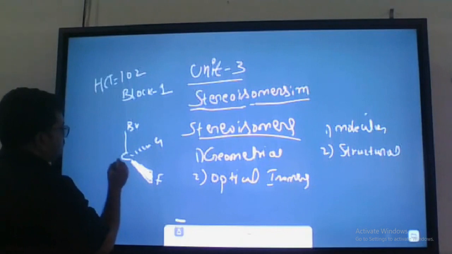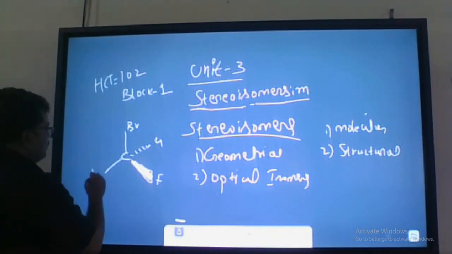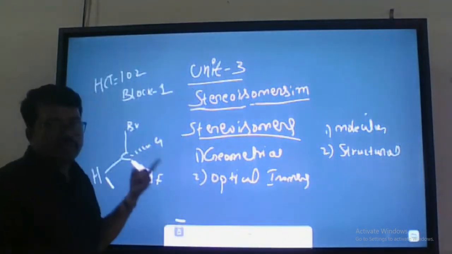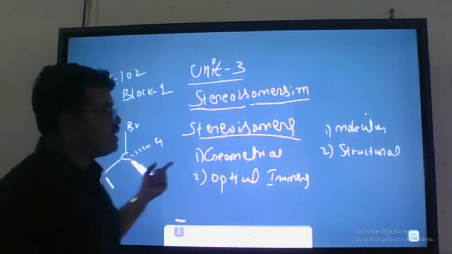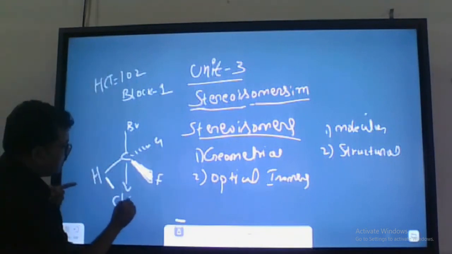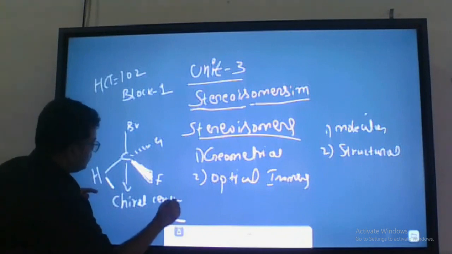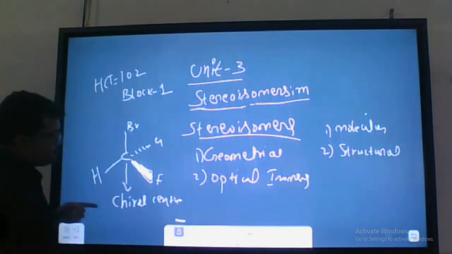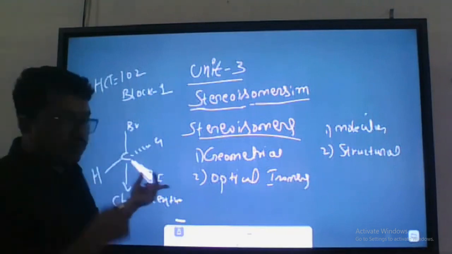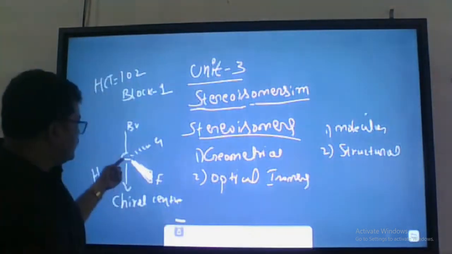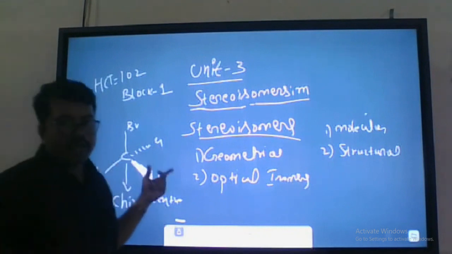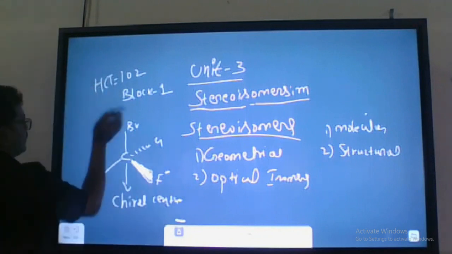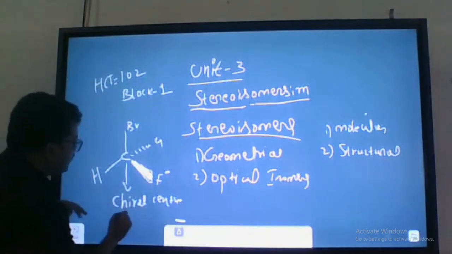Any tetrahedral carbon atom that has four different substituents in tetrahedral arrangement is called a chiral center.